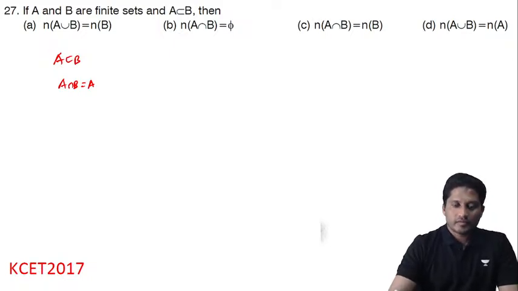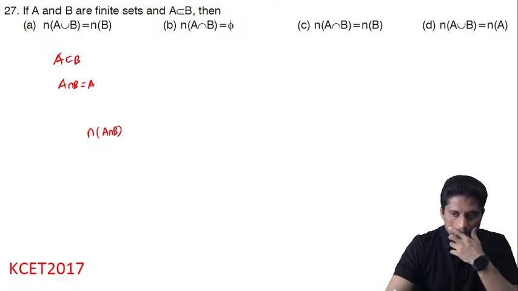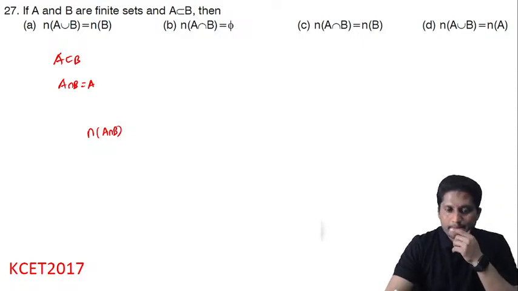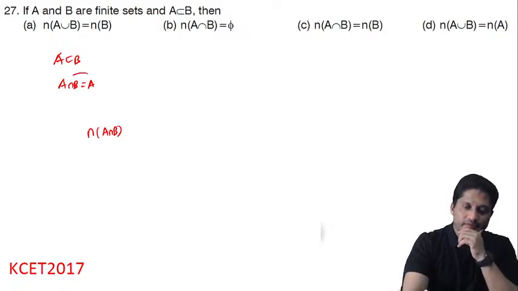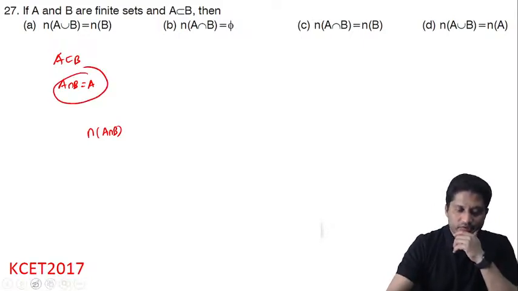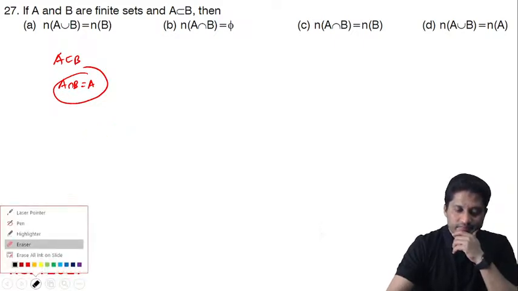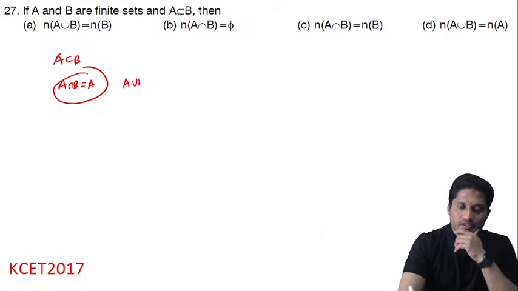Right, now n of A intersection B. If A is present in B, obviously A intersection B is equal to A. Right? If A is present in B, A union B should be equal to B.